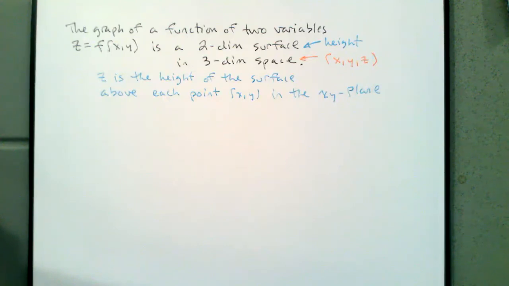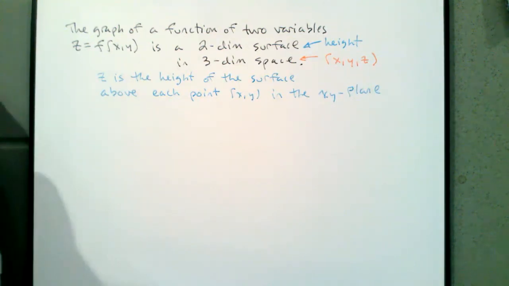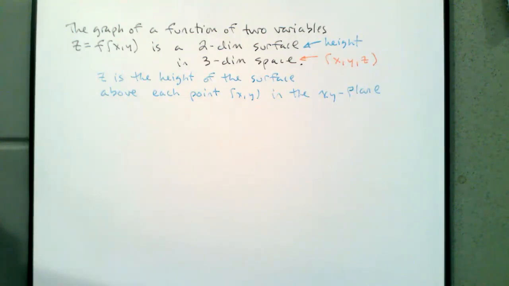So the graph of a function of two variables is going to be a two-dimensional surface in three-dimensional space. So now, instead of drawing a tangent line, when we draw the best linear approximation of the surface, instead of describing a line, we're going to want to describe a plane, which is a linear function in three-dimensional space.